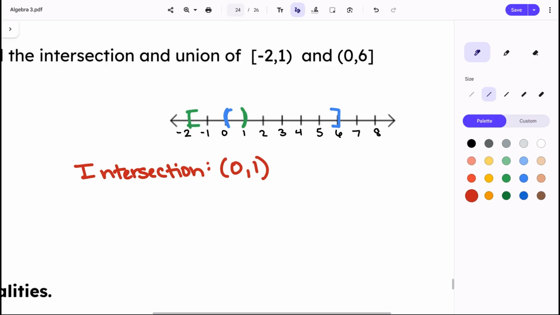Good, I agree. Even if you shade a little bit on the number line, or if you have different colors like I'm doing, colored pens or highlighters, that would help too. You can see right here in the middle, between those two parentheses is 0 and 1. Parentheses on both ends there. What about the union?